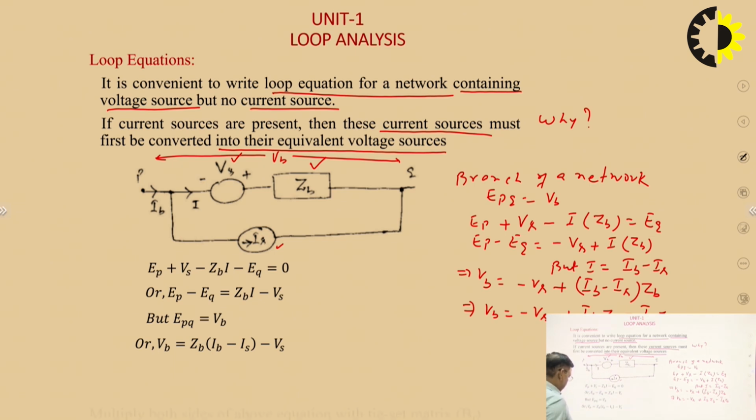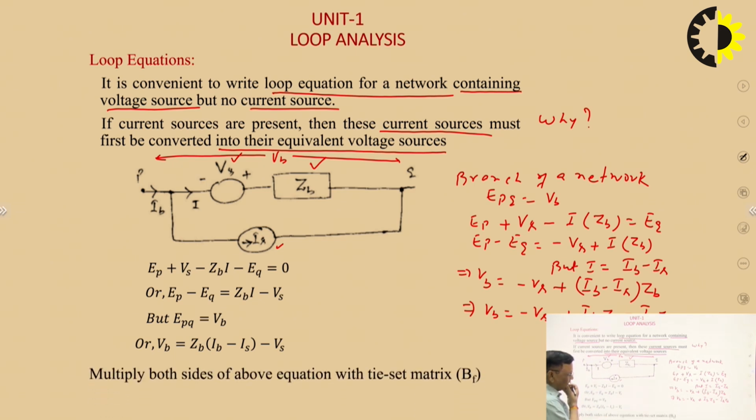Now here what we will do, we multiply both sides with the fundamental loop matrix BF.